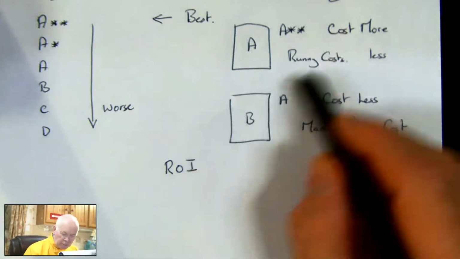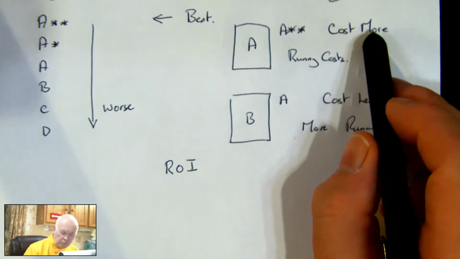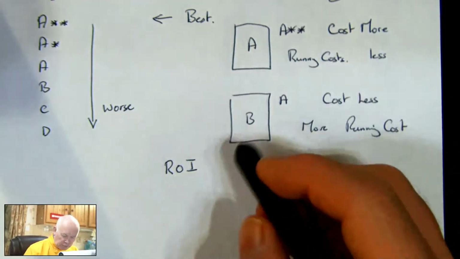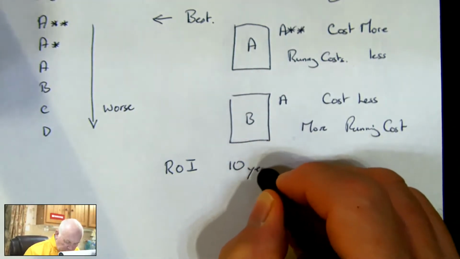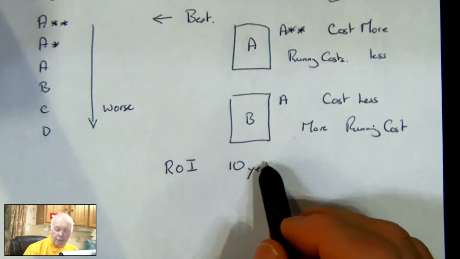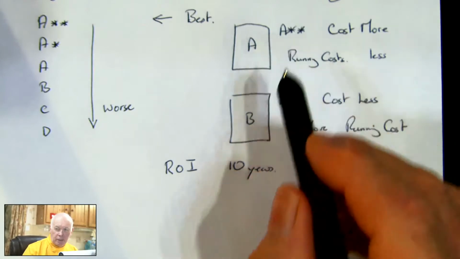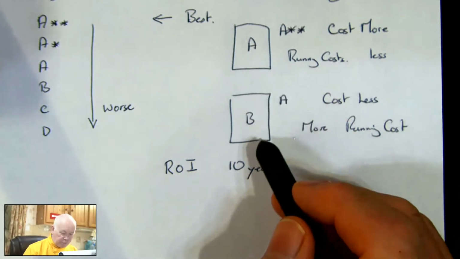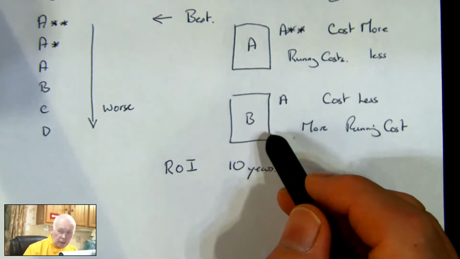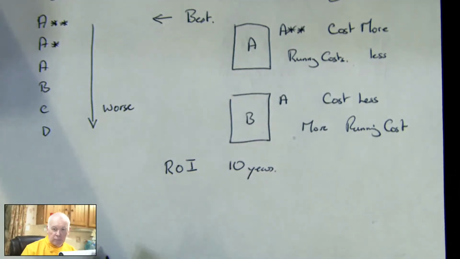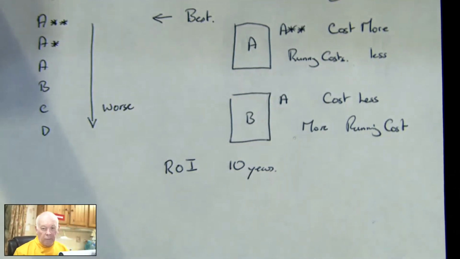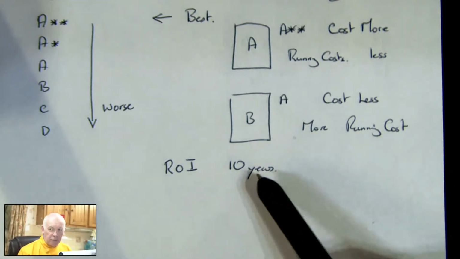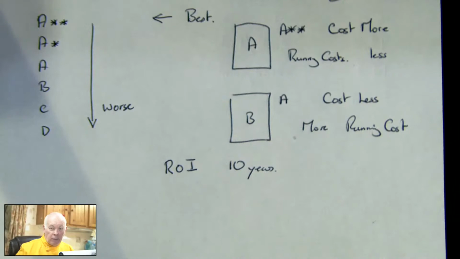When I looked at buying my fridge, I had to work out that I had to keep my fridge for 10 years or more before A became more efficient than B. I looked at how long the fridges were guaranteed for, and it was less than 10 years. If I'm lucky and my fridge lasts more than 10 years, it will cost me less to have this fridge than to have bought the cheaper but less efficient fridge.